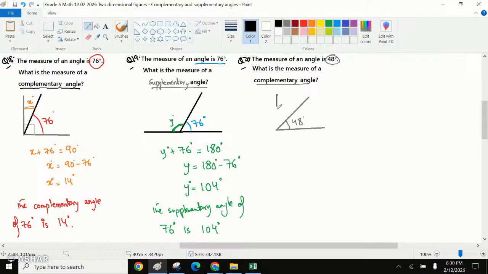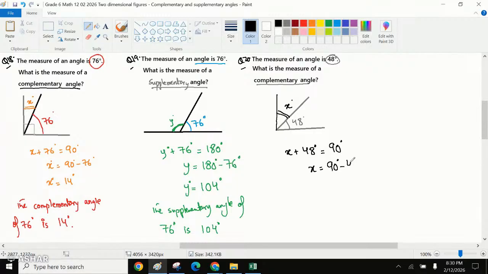Complementary means the sum of the angles should be 90. If I say this for the angle x, so we can say x plus 48 is equal to 90 because we see the word complementary.